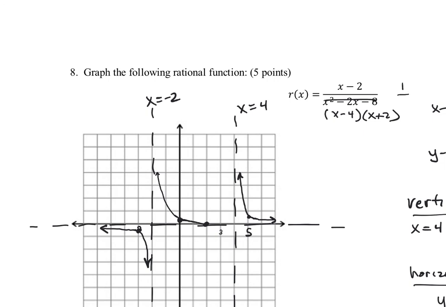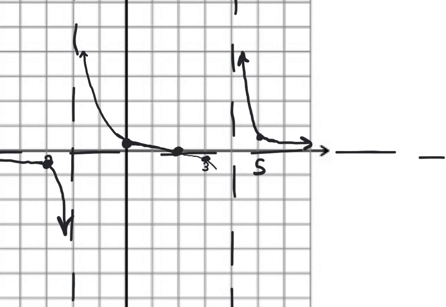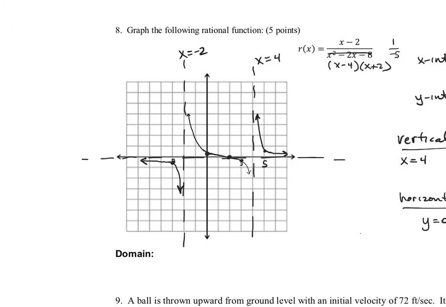In the denominator, we're going to get 3 minus 4, that's -1. 3 plus 2 is 5. -1 times 5 is -5, so it's -1/5, which is right about there. So it looks like it continues downward towards -infinity. Like that.